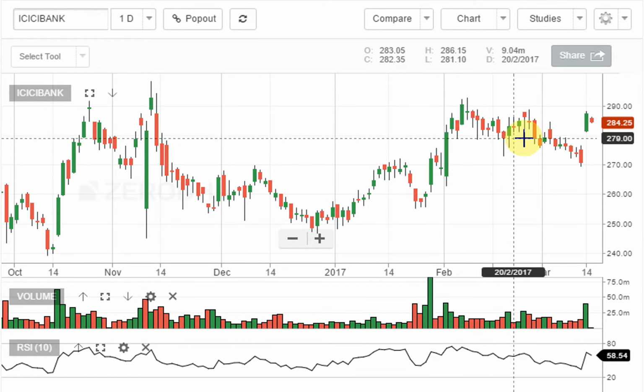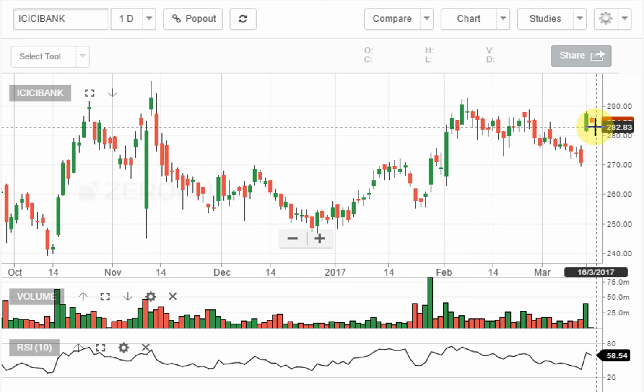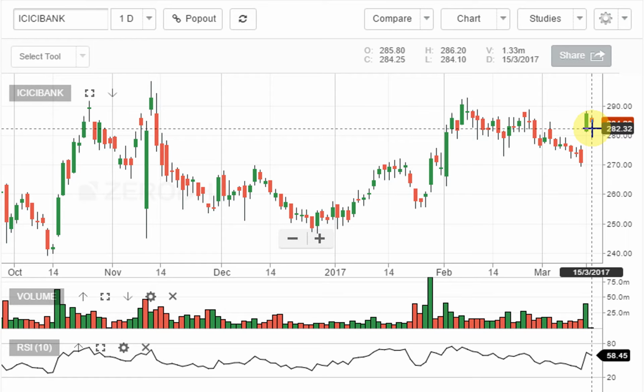So it's better not to enter in such scenarios. Just wait for 280, and see if it takes a support from there, because a gap down theory is also there. So you have to take care about the gap ups and gap downs also. These kinds of theories can help you make money in the stock market.